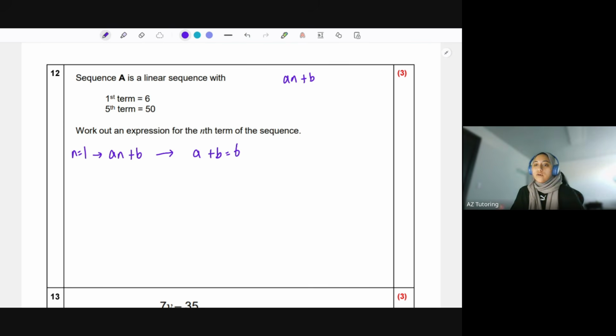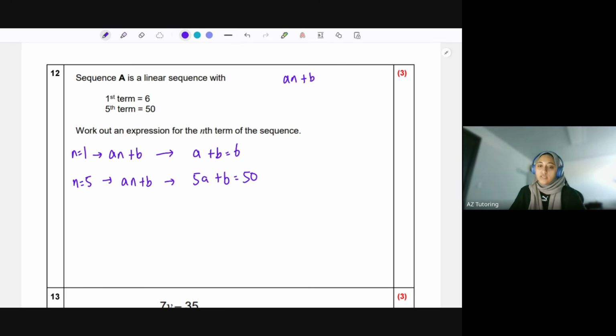Now, whenever we've got two unknowns, so a and b, we need a second equation, so it's simultaneous equations. So when n equals 5, so the fifth term, an plus b would become 5a, because n is 5, plus b, which is 50. So this is what I need to solve.